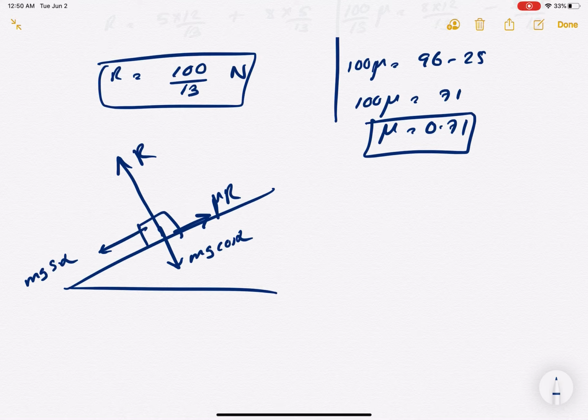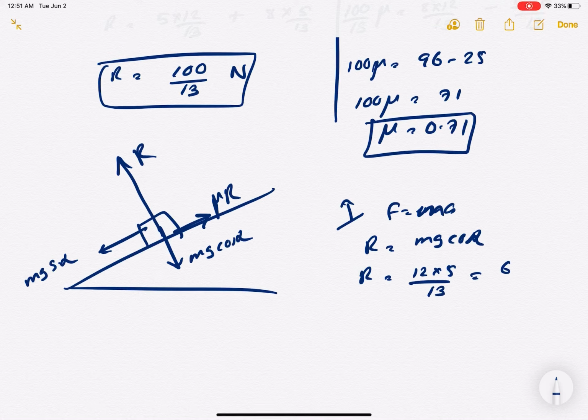Since we know the value of mu, if I apply F equals ma, my R will be mg cos alpha. So my R is going to be 12 into 5 over 13, that is 60 by 13 newtons. And mg sine alpha is going to be 5 times 5 by 13, which is only 25 by 13.